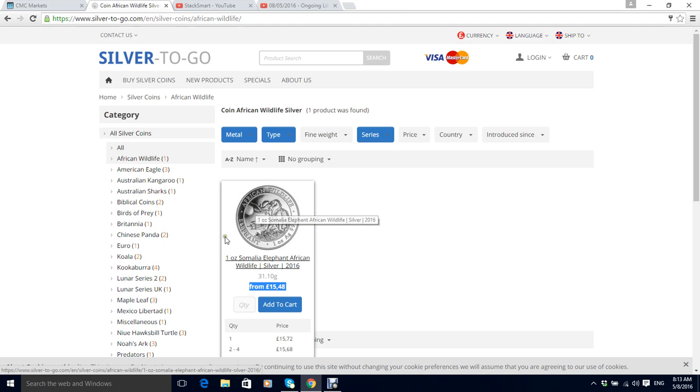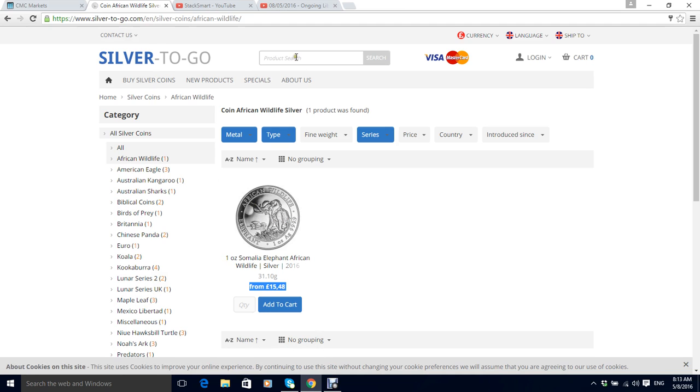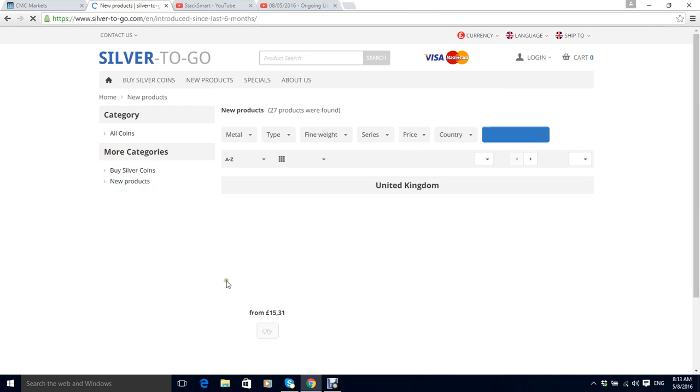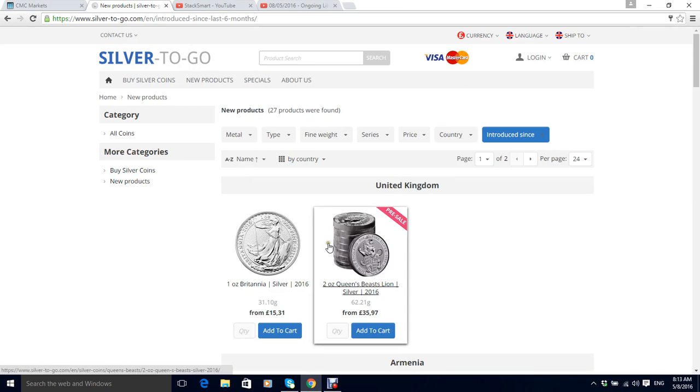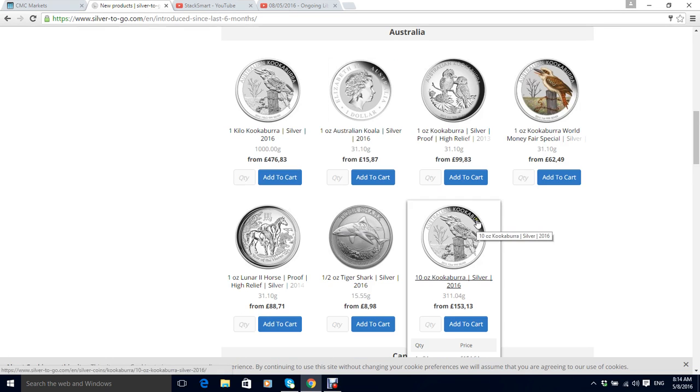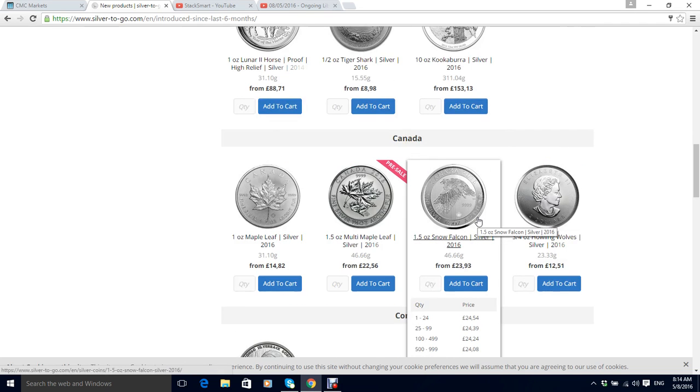The other tip is there's a new iguana, and yeah, so you've got the Queen's Beast Lion that are on pre-order. They're a 2-ounce coin for $35.97, which I think are very good. And then you've got the iguana.